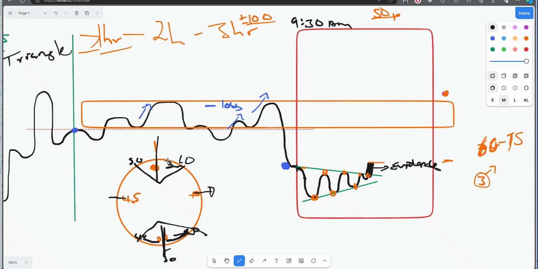So this is the area from where I want to take my trade. My trade will be taken in this area here.